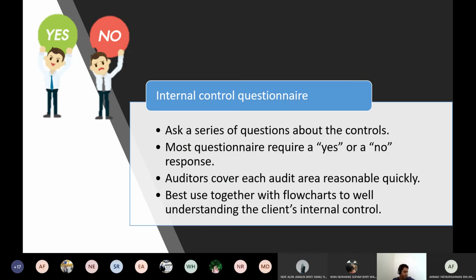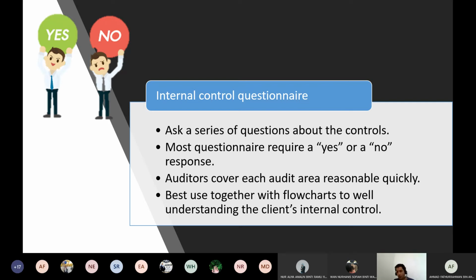Number three is using the method of the internal control questionnaire. In this case, the auditor will prepare a questionnaire and distribute it to the staff, asking a series of questions about the control. Most questionnaires will require a yes or no response. Auditors cover each audit area reasonably and quickly, and it is best used together with the flowchart to understand the client's internal control well.